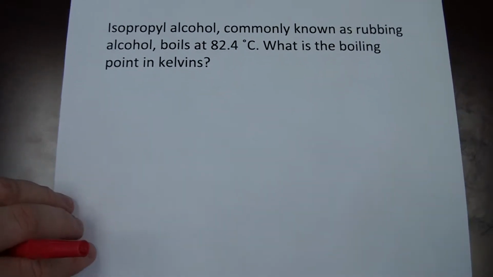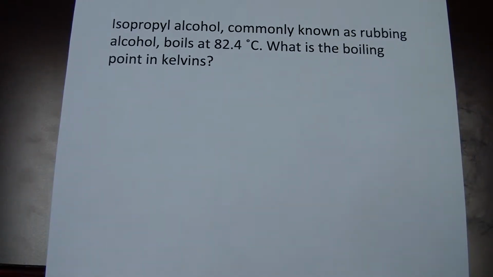So let's start using these significant figures in some of the conversions we've talked about before. So we have isopropyl alcohol, commonly known as rubbing alcohol, which boils at 82.4 degrees Celsius. What is the boiling point of this in Kelvin?